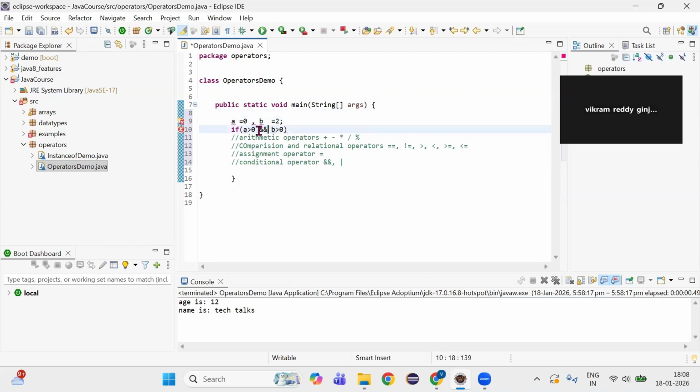For any condition, if both the expressions are true, then only it should return true, right? If my first expression itself fails, then what is the need to execute the second expression? Because anyway, the AND logic already failed. So b greater than 0 will only be executed if a greater than 0.